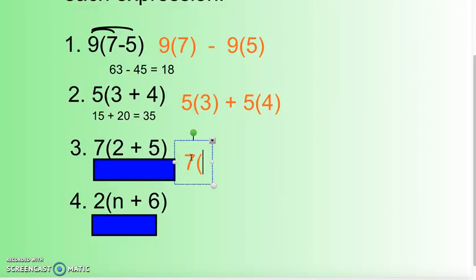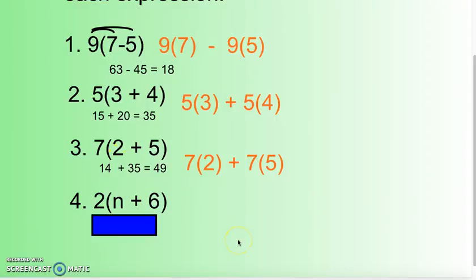Then the 7 is introduced to the 2, plus, because there's addition, and then we have 7 times 5, because it was introduced to the 5. So 7 times 2 is 14, and 7 times 5 is 35. And when we add them together, we get an answer of 49.